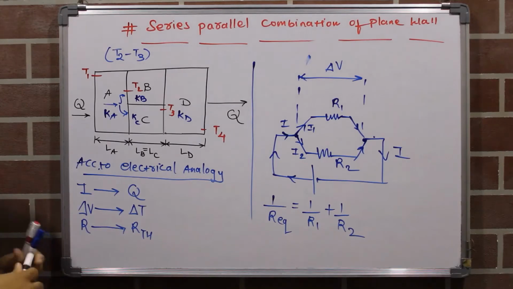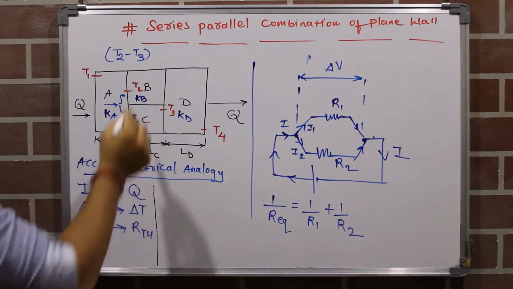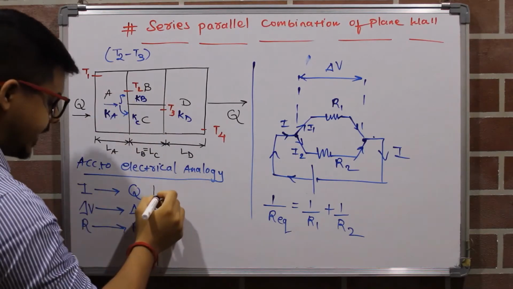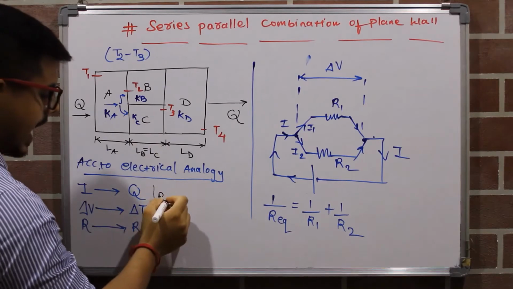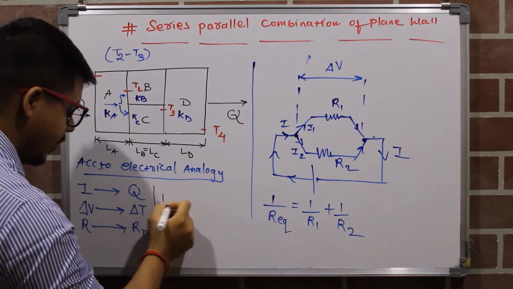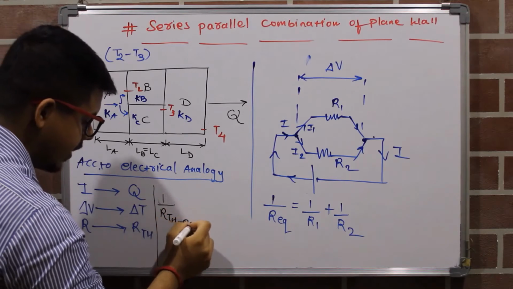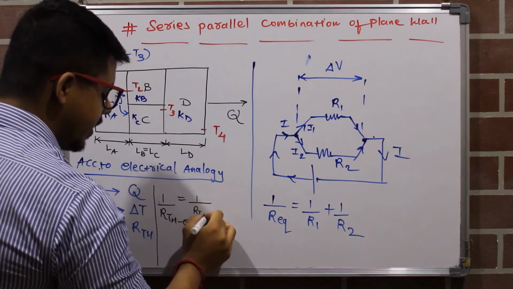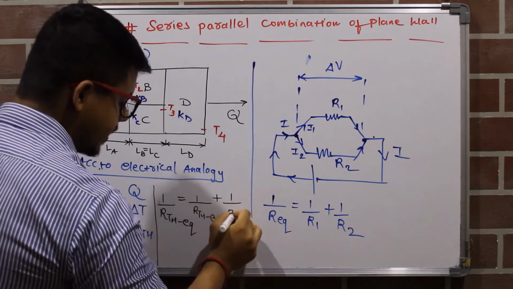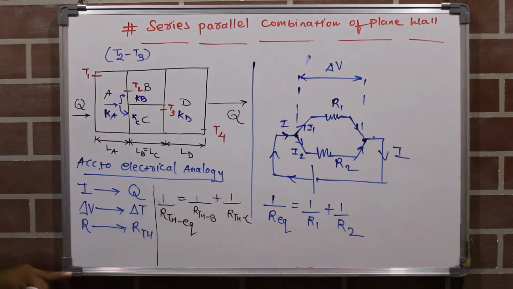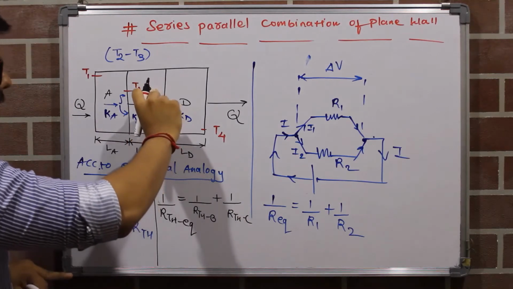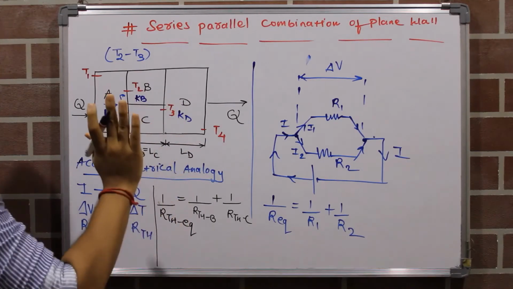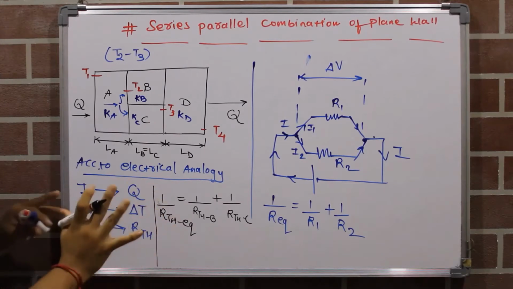For example, we want to find the equivalent resistance for walls B and C. Let's mark it as RTH equivalent: 1 upon RTH equivalent is 1 upon RTH B plus 1 upon RTH C. By this formula we can find the equivalent resistance of these two walls connected in parallel. I hope you got the idea of how to utilize these formulas.